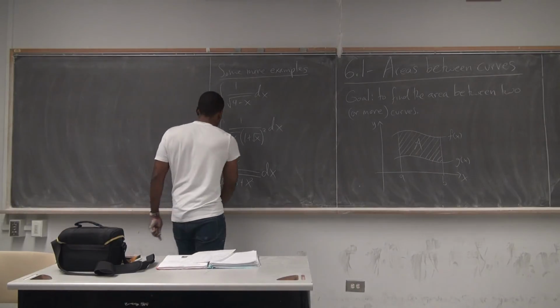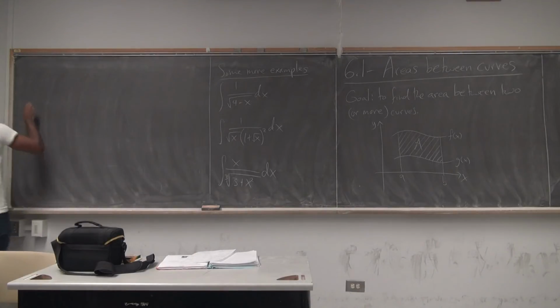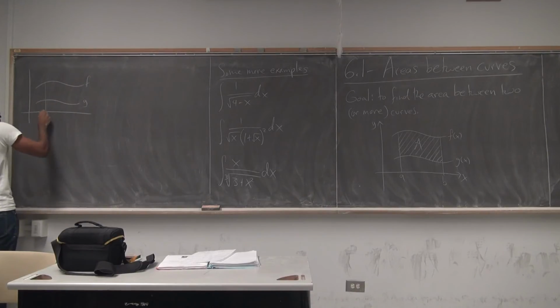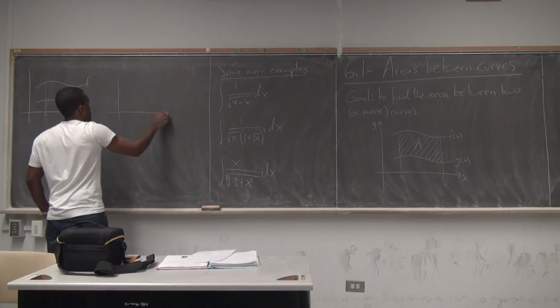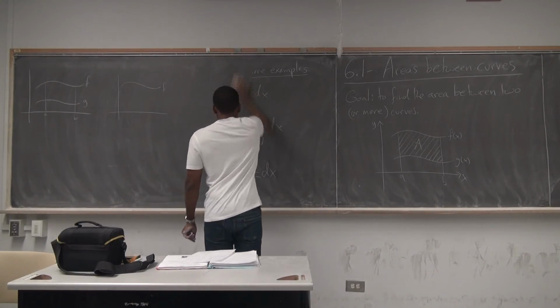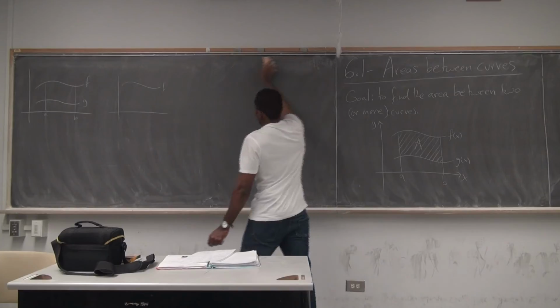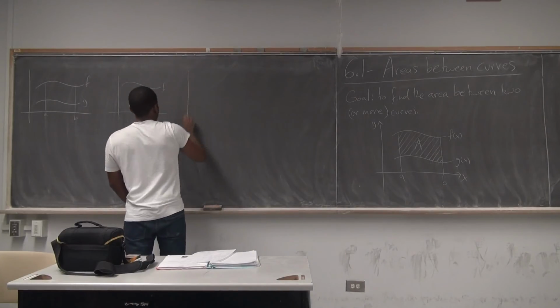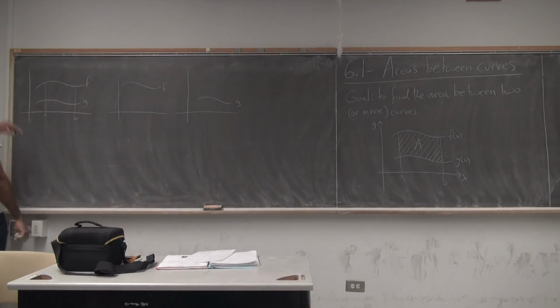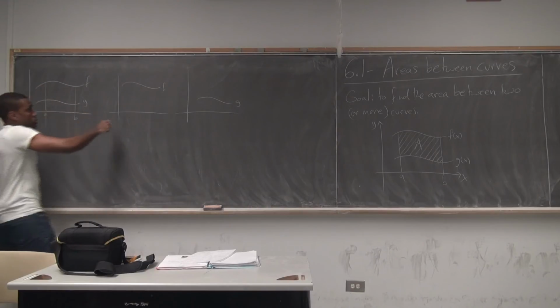It gives you the area under the curve. That's F and that's G. This is A and this is B. So basically you want this area.